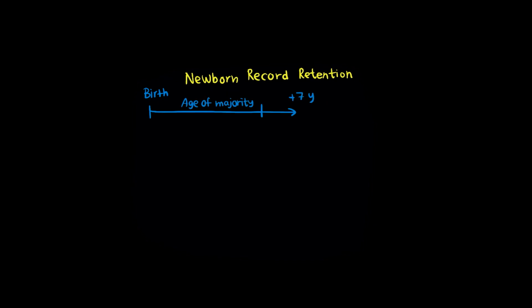Record retention requirements for minors involve special legal considerations in healthcare. When establishing how long newborn records must be retained, considering they need 7 years past the age of majority, state law primarily determines these requirements. State law establishes the legal framework for record retention periods, including special provisions for minors that extend well beyond typical adult records.